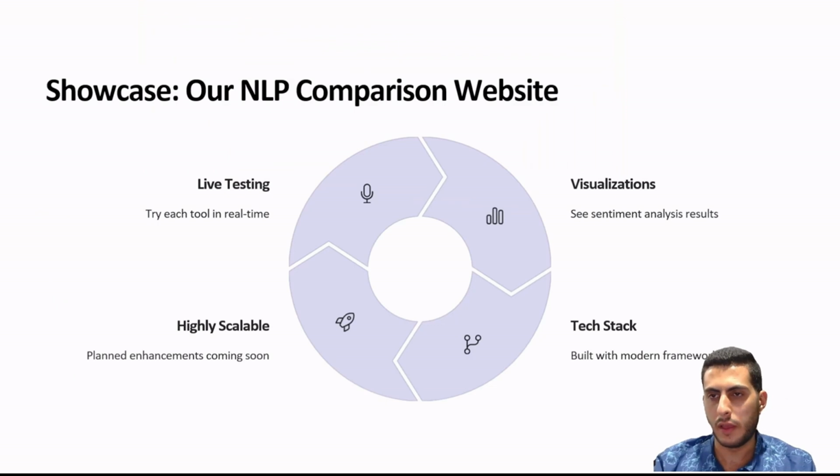We built a humble and simple website which we use to call these APIs. We live tested them in real time. We visualized the results to help us determine which one is the better solution and see the scores, the confidence, the magnitude of each solution, and how they determine and extrapolate the information to reach the conclusion.